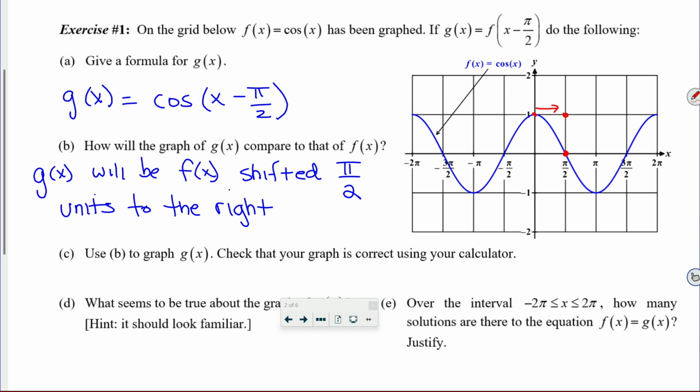I'll take this point, move it to the right, pi over 2 units. This point, move it to the right, pi over 2 units. And this point, move it pi over 2 to the right to get that. I'll just keep doing that with every important point, so to speak. Right, move this one over, move that one over, move this one over. And I'm going to get this curve.